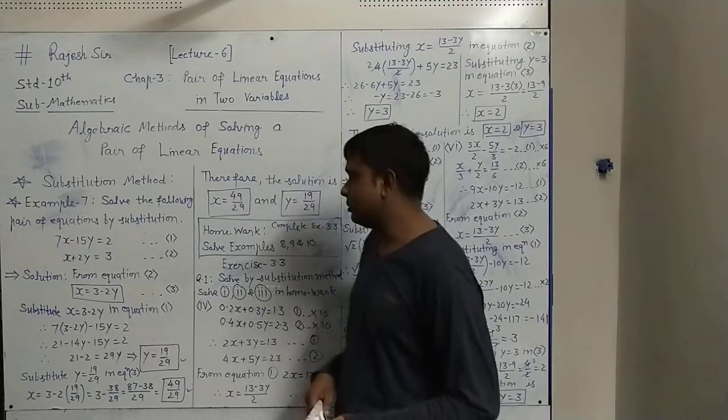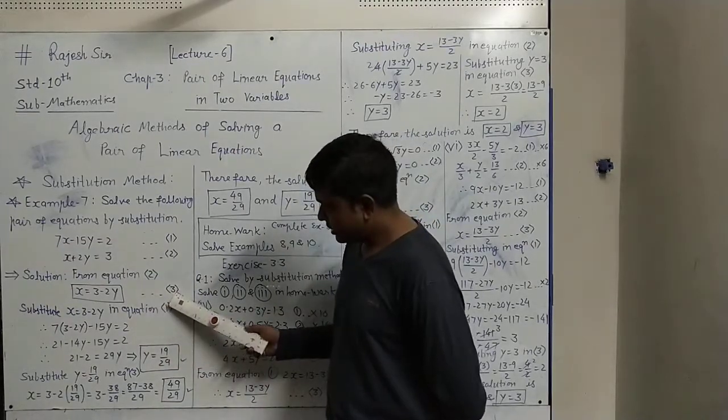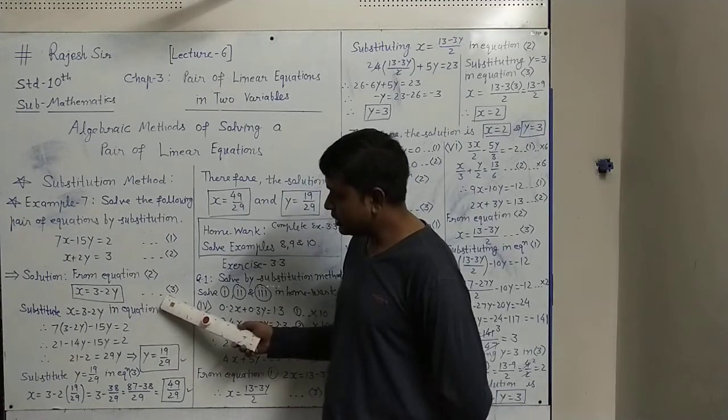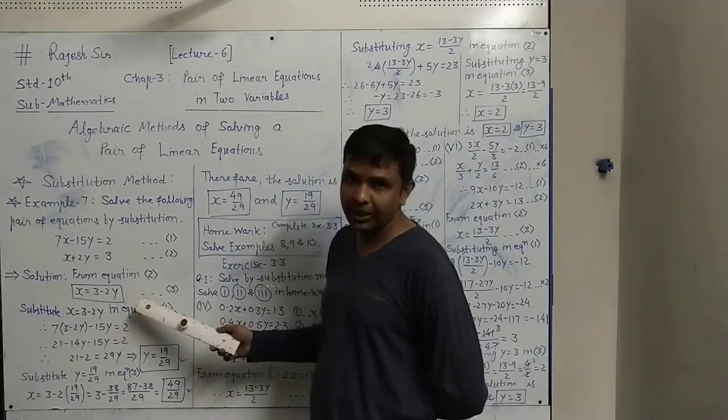Here one thing you have to remember: equation 3 is a form of equation 2 only. So don't put the equation 3 value in equation 2, because it is made from equation 2 only.